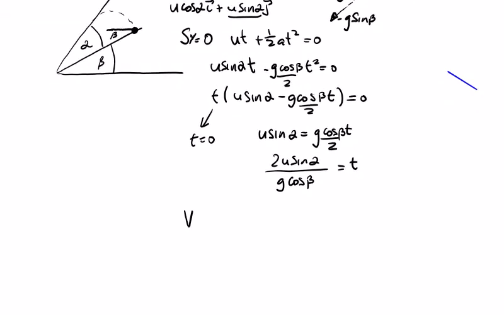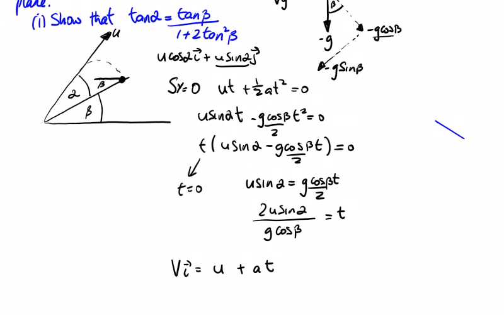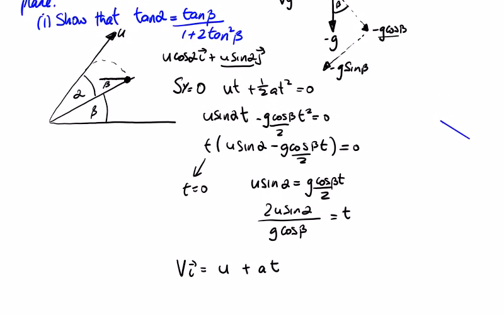We get the velocity in the i direction. It's equal to u plus at. We have our a is minus g sine beta, and we have our u is u cos alpha. So we have u cos alpha, my acceleration is minus g sine beta, and my time is 2u sine alpha over g cos beta.